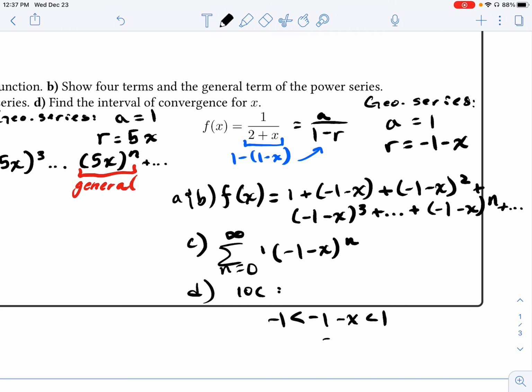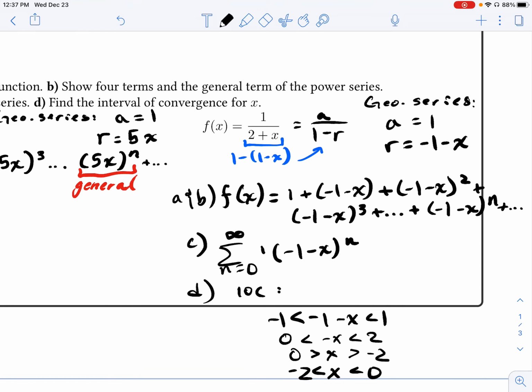So this is going to be negative x is less than 2, greater than 0. And we're going to divide everything by negative 1 now. So x, and be careful now to switch the signs. That's still going to be 0. And we know it's bad practice to write the inequality that way. So we're going to just clean it up by writing x is less than 0, but greater than negative 2. And there's our interval of convergence.